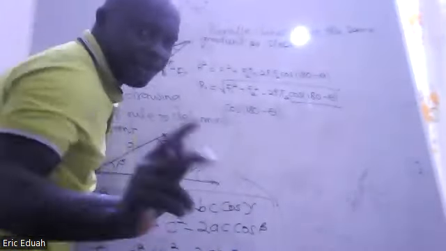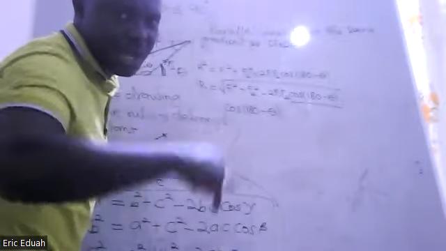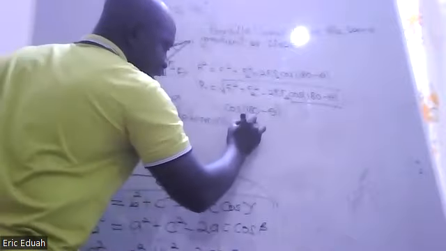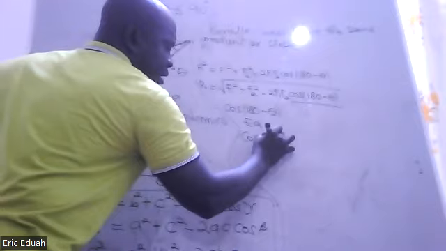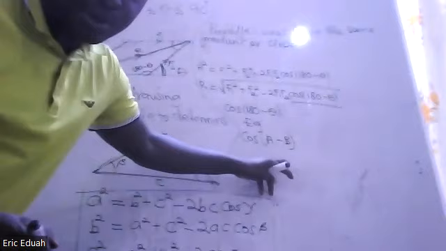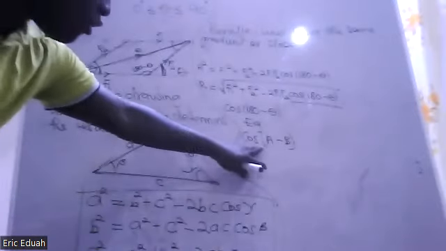Pay attention. If you have two compound angles and one is subtracted from the other, for example cos of A minus B, here we have two angles A and B, and B is subtracted from A. The rule for expansion is a formula.